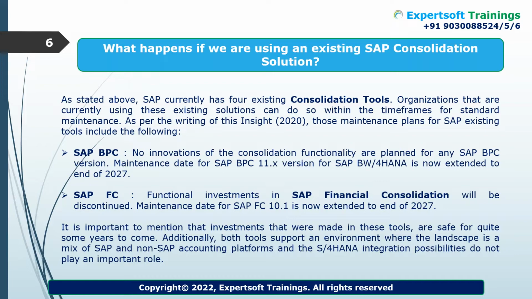Every year for SAP S4HANA on premise we have a release, which comes either in September or October. Similarly, for cloud versions we have quarterly releases, right? And within the roadmap of group reporting, with every next release we would see what new functions are going to come as part of group reporting.